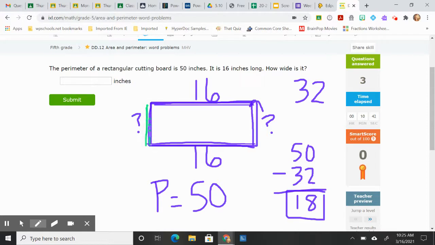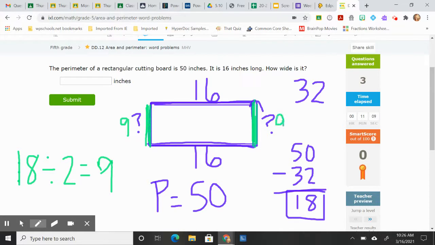This side and this side together have to add up to 18. Well, they're the same length. So what plus what equals 18? Or you could say 18 divided by 2, and that is going to give you the dimension of the other side, which would be 9. Okay, so these two sides have to be 9.